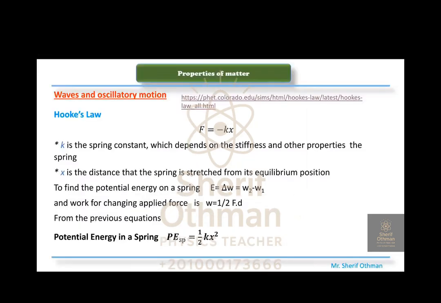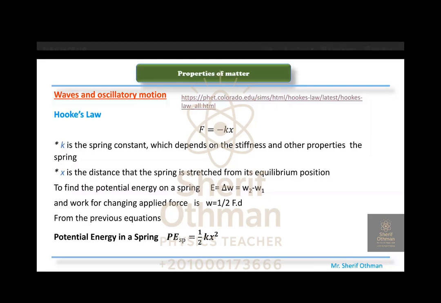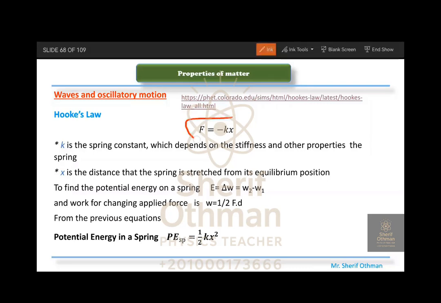The spring constant depends on the stiffness and the other properties of the spring. x is the distance the spring is stretched from the equilibrium position, or even compressed. By the end, the force applied is equal to negative kx. k is the spring constant, x the displacement for stretching or compressing the spring.